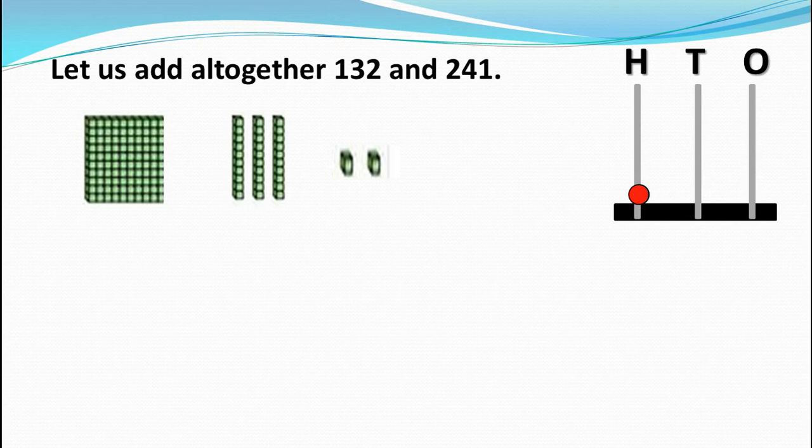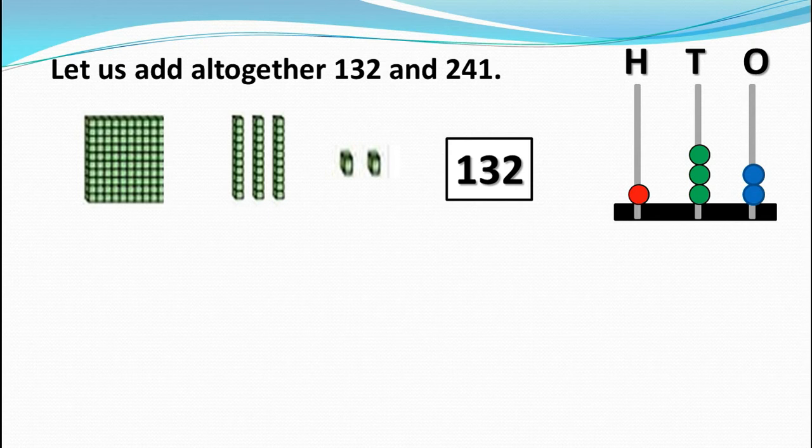Then we have 3 blocks of tens, so on the tens rod we will put 3 beads, and we have 2 ones, so on the ones rod we will put 2 beads. Now we have 100, 3 tens and 2 ones, which makes 132.